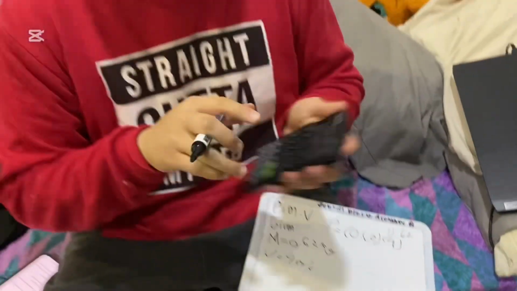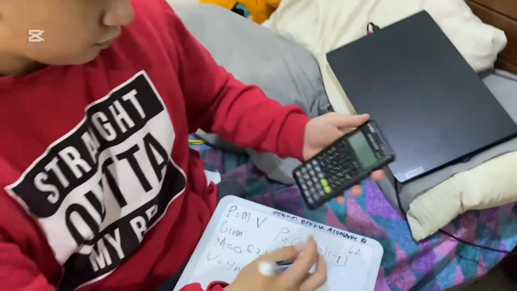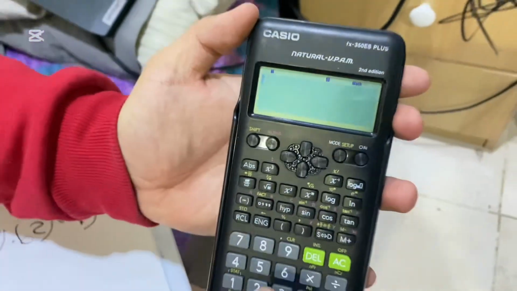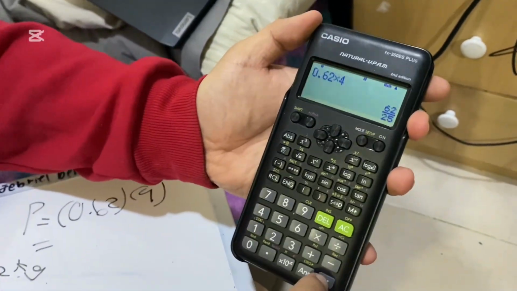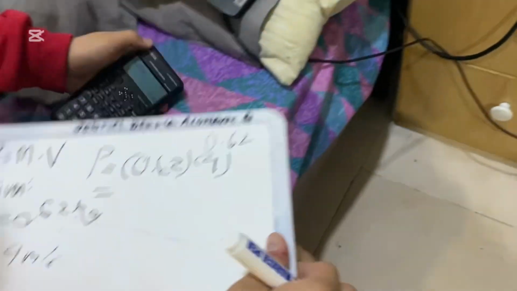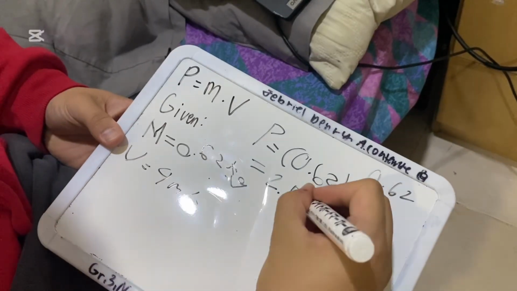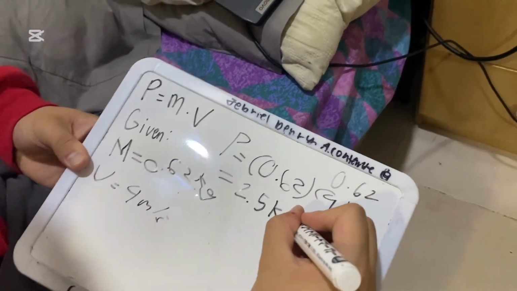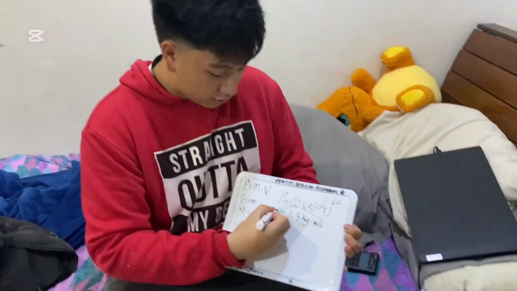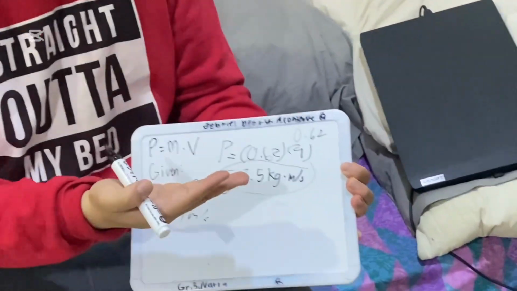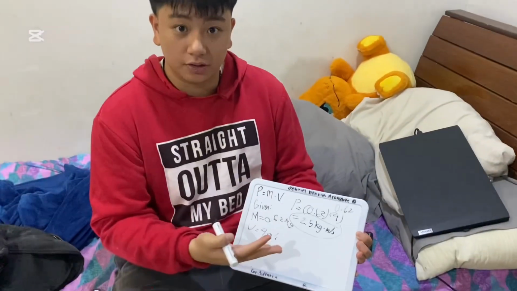We'll use my best friend, the calculator, to solve it. 0.62 times 4. Our answer is 2.5 kg meters per second. So our final answer for the momentum is 2.5 kilograms meters per second.